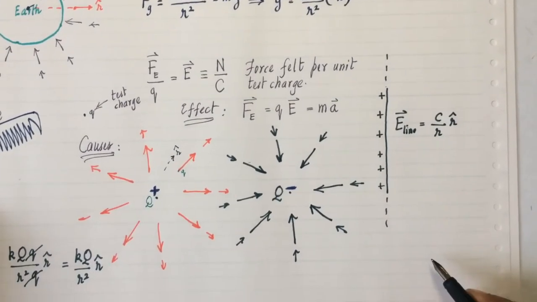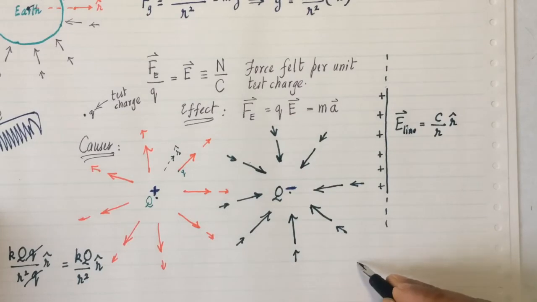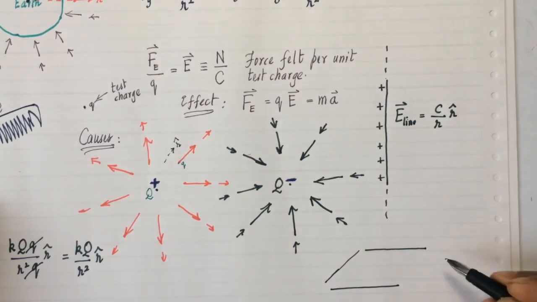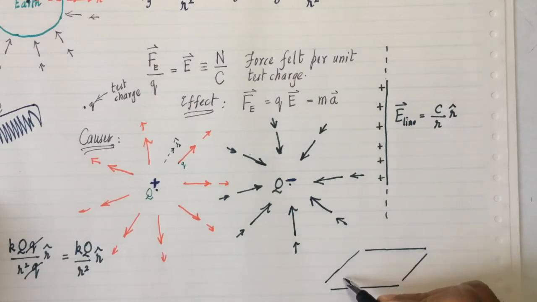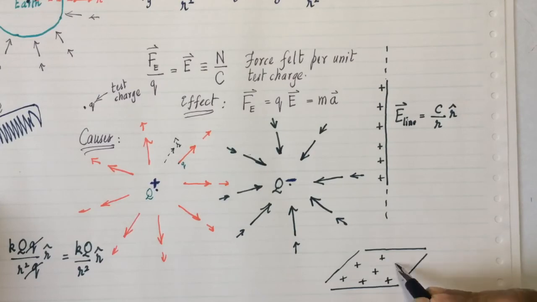And you can almost guess what the answer would be for an infinite plane of charge. I'm going to denote infinite planes by simply omitting the corners. So it means that it extends all the way to infinity. So suppose I have a surface charge. So this would be the analog of taking a large plastic sheet and running it through rollers or newspapers.